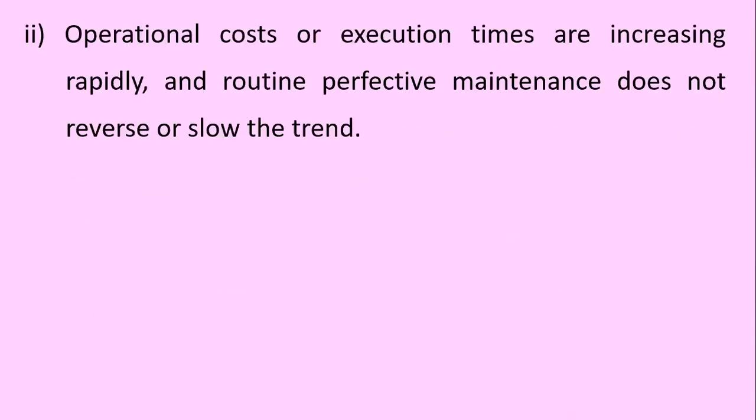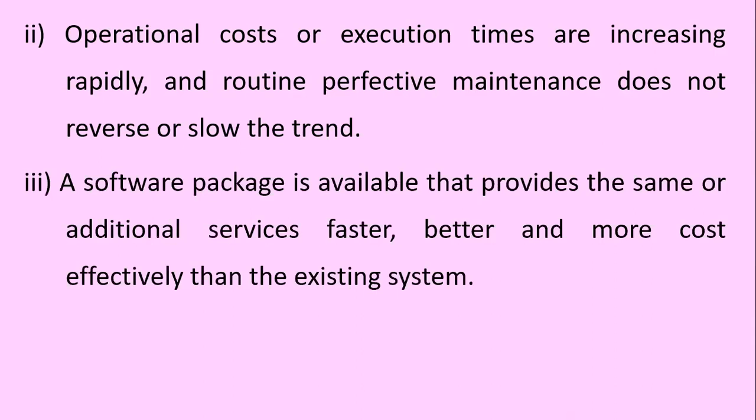Number two is operational costs or execution times increasing rapidly, and routine perfective maintenance does not reverse or slow this trend. Number three is when a software package is available that provides the same or additional services faster, better, and more cost effectively than the existing system.